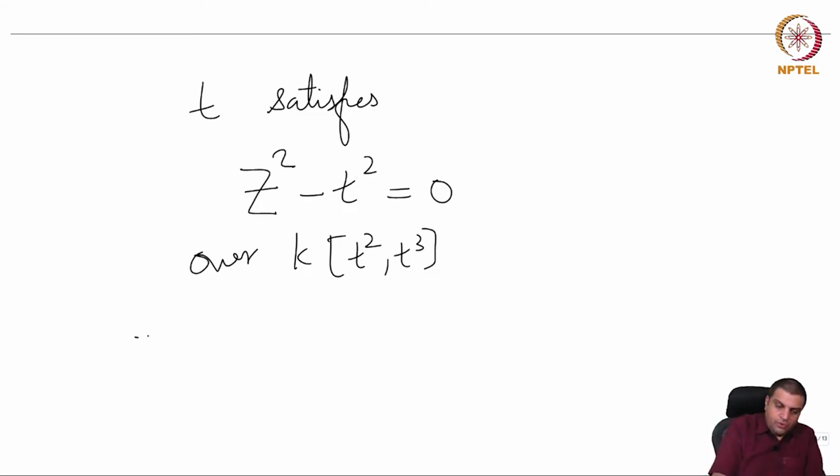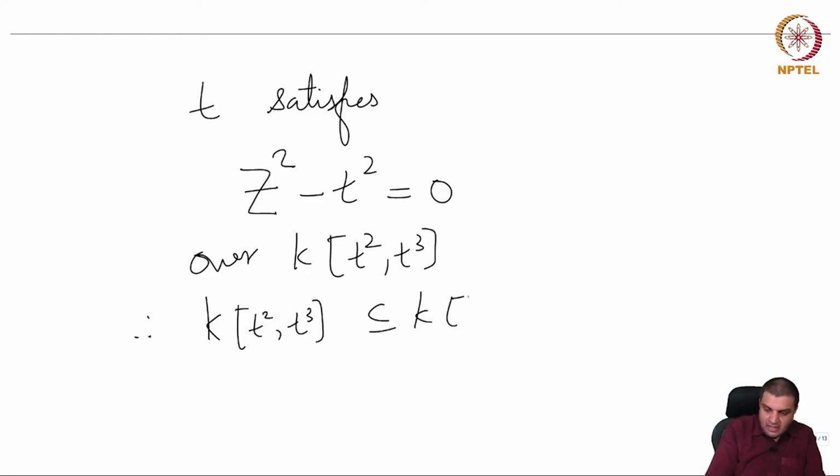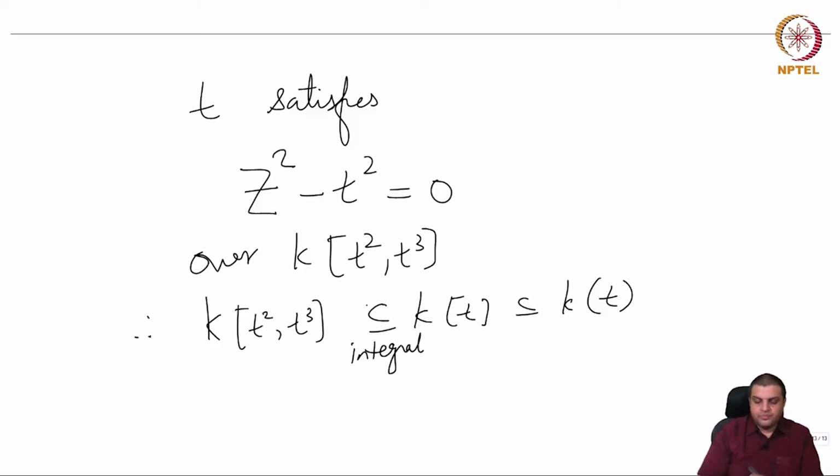So therefore, k[t squared, t cubed] sits inside the polynomial ring k[t], which sits inside k(t). This is an integral extension, or a finite extension, and this is integrally closed here. That is essentially that UFDs are integrally closed. One can just redo the argument for Z in this case.